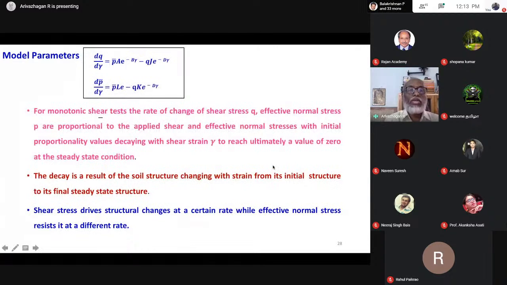So the 2 equations I formulated by this method. For a monotonic shear test, the rates of change of shear stress Q and effective normal stress P are proportional to the applied shear and effective normal stresses, with the initial proportionality values decaying with the shear strain gamma to reach ultimately a value of 0 at a steady state condition.